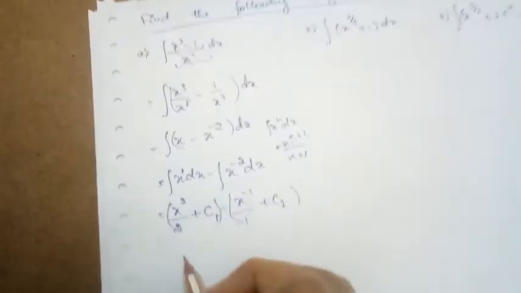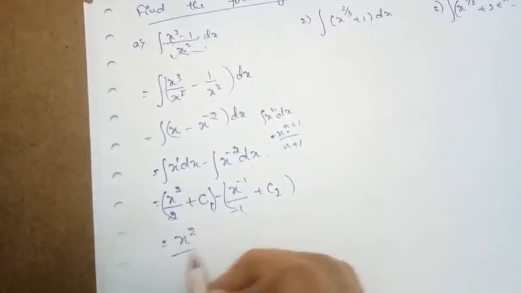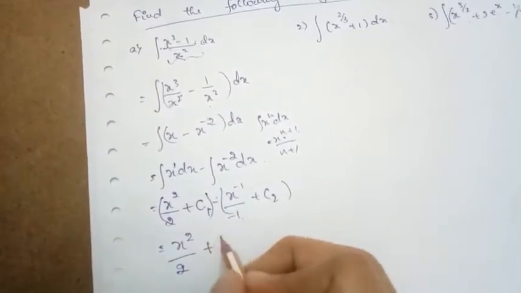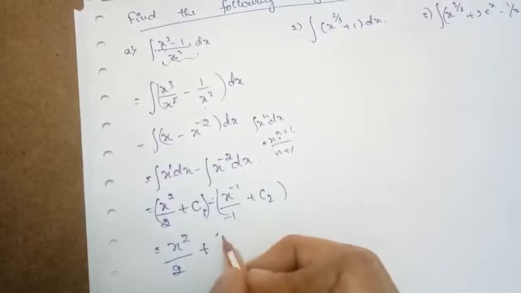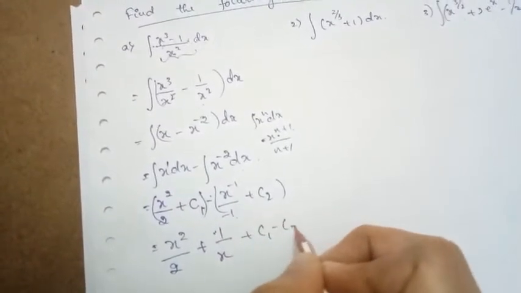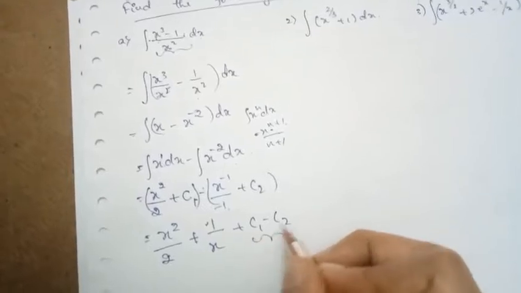So now it is x square by 2, minus into minus becomes plus, x to the power minus 1, which is 1 by x, plus c1 minus c2. Here c1 is one constant and c2 is also a constant.